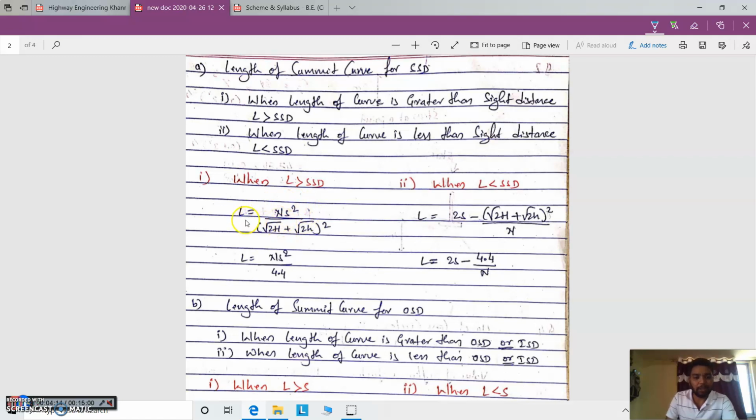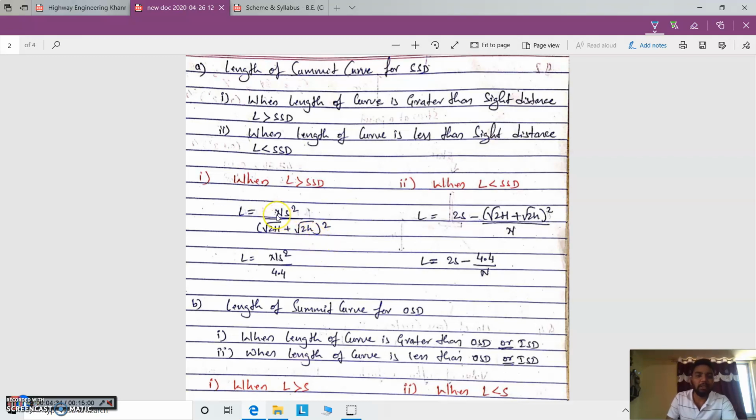Right? So here L is N square S square by (under root 2H plus under root 2h) whole square. Here H is the height of the driver's eye above the surface of the pavement, and small h is the height of the headlight from the surface of the pavement.